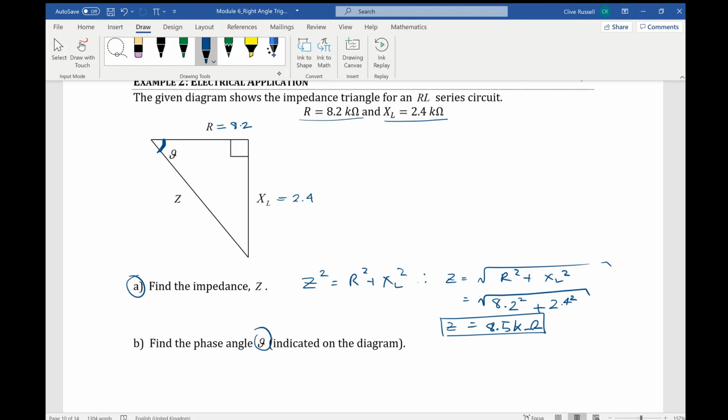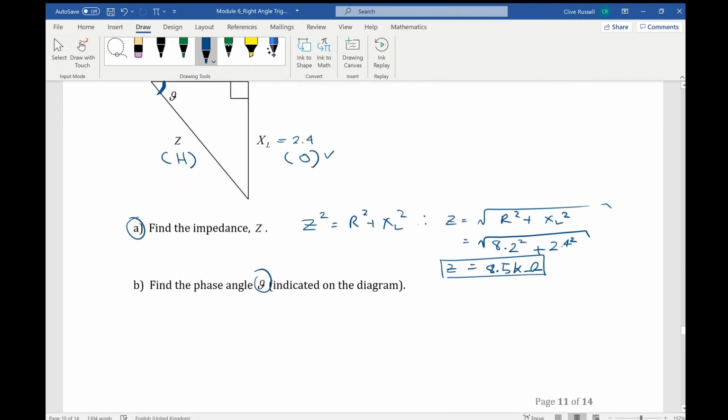Z is the hypotenuse, which is opposite the 90 degrees. Relative to I, this XL is the opposite and the R is the adjacent. But we won't be using the hypotenuse in case we made a mistake. So we want to find a ratio involving adjacent and opposite, right?